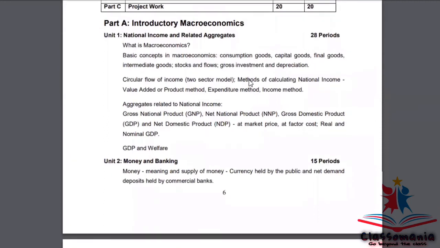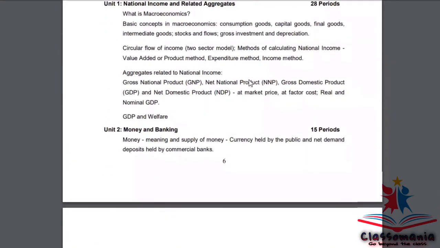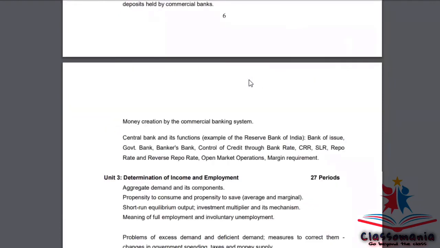In unit 2, money and banking, the topics that have been deleted are control of credit through bank rate, CRR, SLR, repo rate and reverse repo rate, open market operations and margin requirements. Remaining topics are coming as it is in this whole unit.